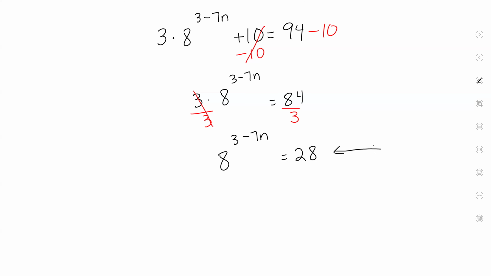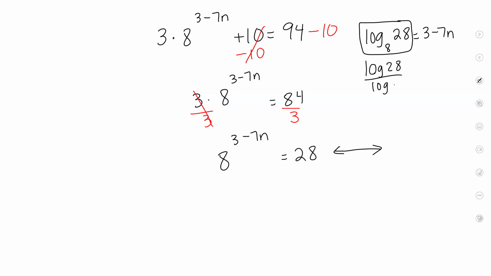Now we're going to change it to a log. So if I change this to a log, I'll put it up here. This will be log base 8. The answer is 28. And your exponent was 3 minus 7n. So you can type this directly into your calculator, or you could type it in like this. Log of 28 divided by log 8. You'll get the same answer.